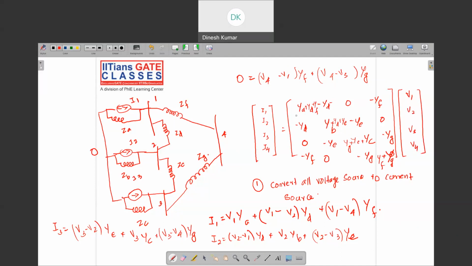This type of matrix is basically known as the Y matrix.